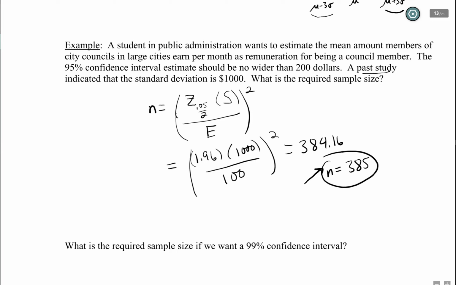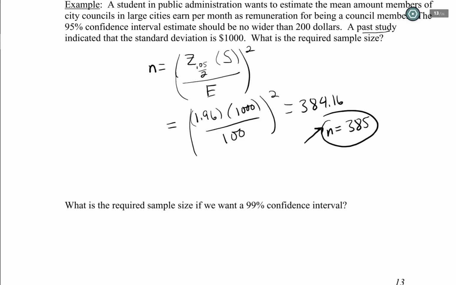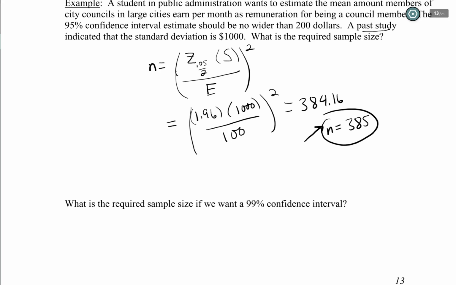Okay. If you wanted a 99% confidence interval, then the actual sample size needed would go up considerably, and if we bump this confidence level up to 99%, the required sample size goes up to 664.